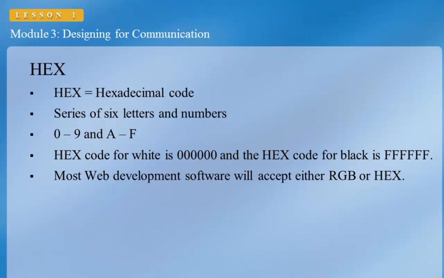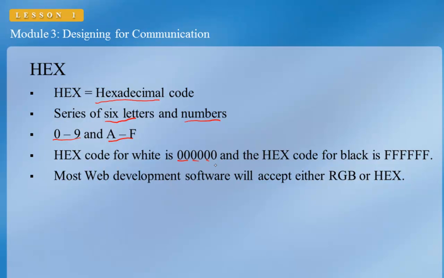Next, we can look at the hexadecimal code. This is a series of 6 letters and numbers used to define colors. We use the numbers 0 through 9 and the letters A through F. We have 6 characters, and they're broken up into twos.